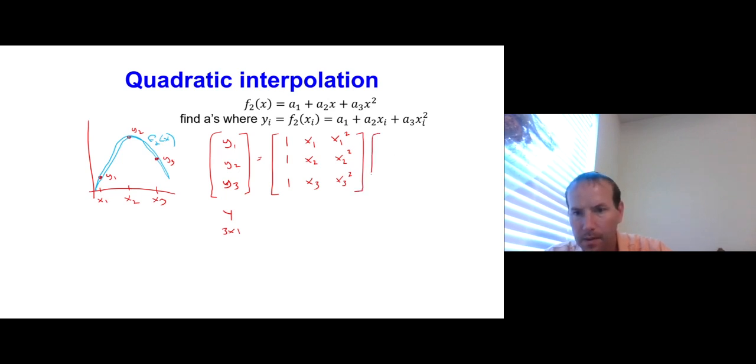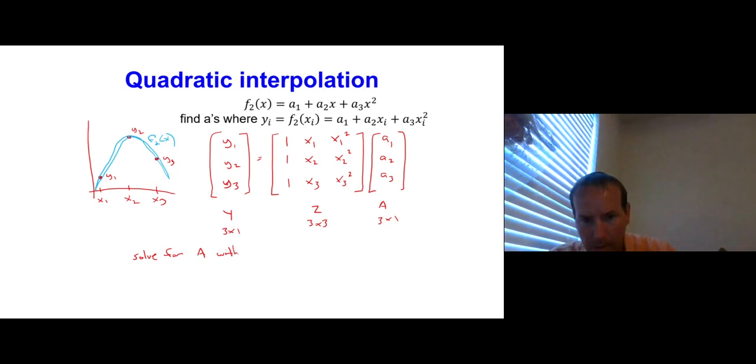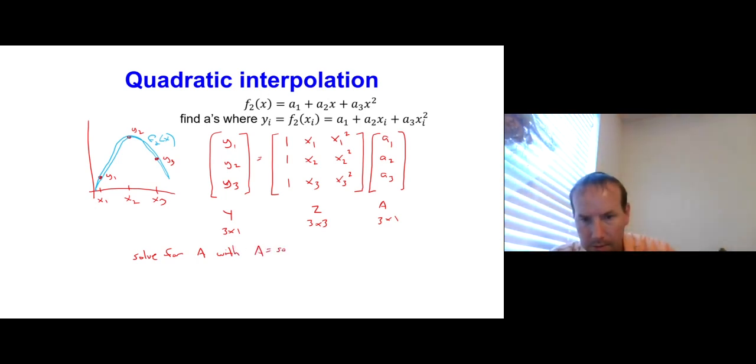And that's z, which is 3 by 3. And then finally we've got our coefficient matrix. Because this is a quadratic, there are 3 unknowns. So you would set up this system like this, and then you would solve for A with A equals solve z, y.